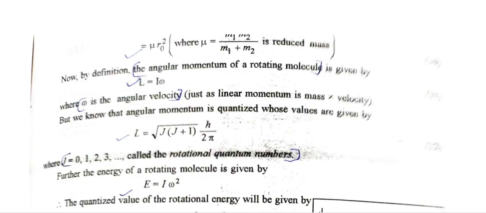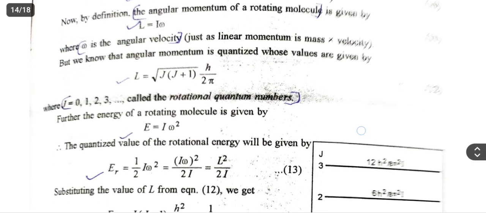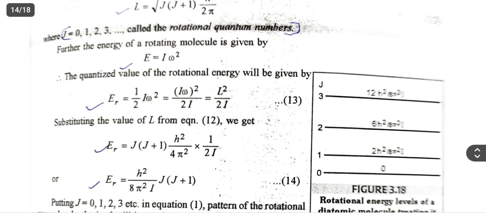Now, by definition, the angular momentum of a rotating molecule is given by L = Iω, where ω is the angular velocity, just as linear momentum is mass into velocity. Angular momentum is quantized: L = √(J(J+1)) h / 2π, where J = 0, 1, 2, 3 is the rotational quantum number.